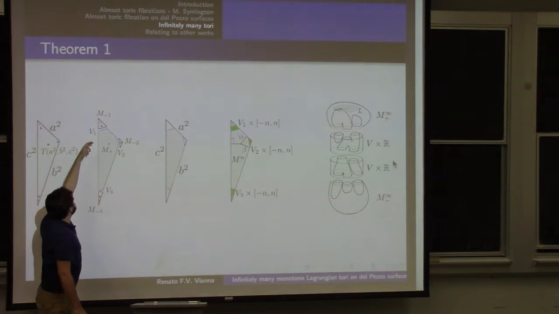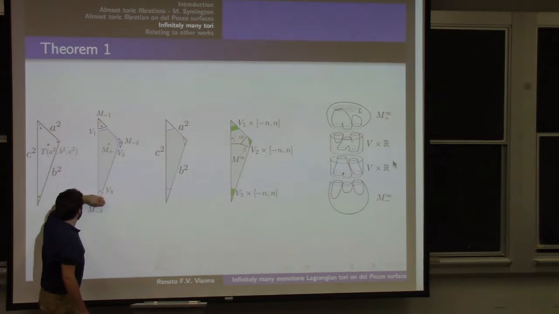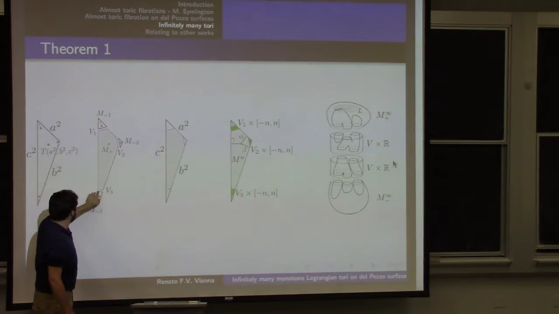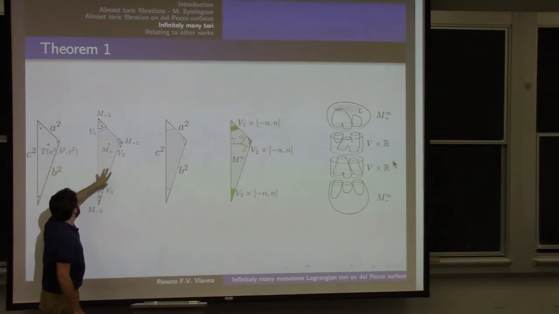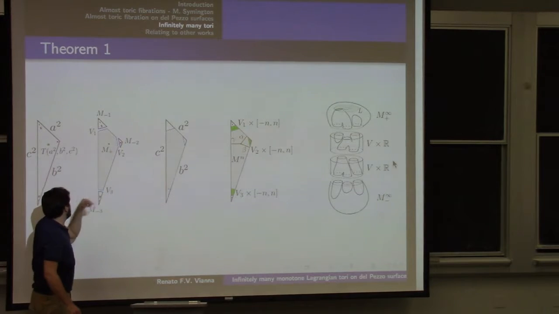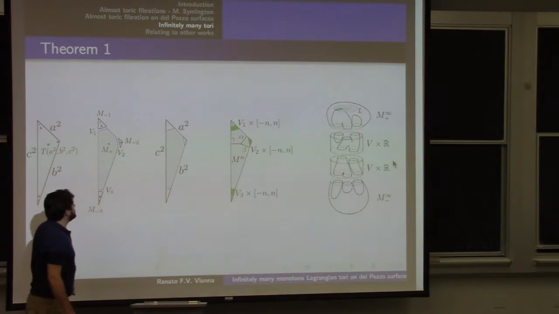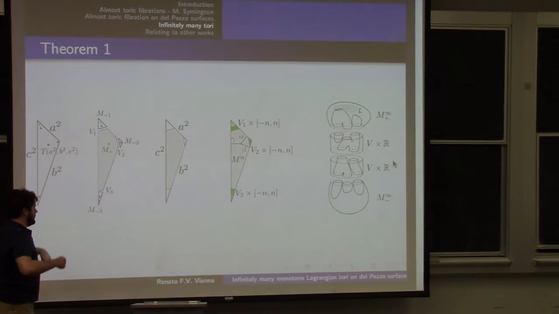The blue part is a lens space with the filling of some rational ball, and the complement of these rational balls you can embed inside your weighted projective space symplectically.